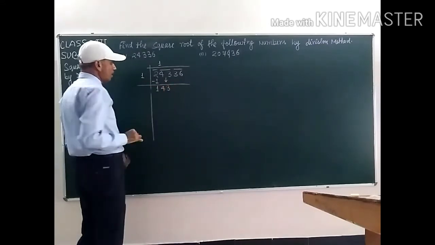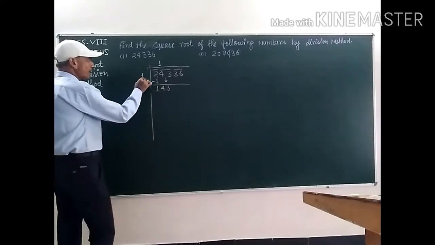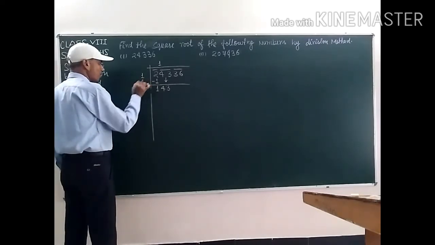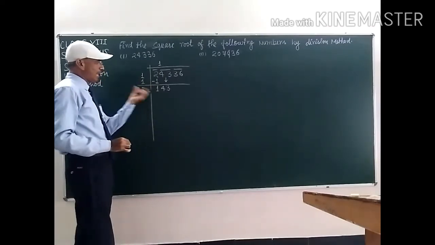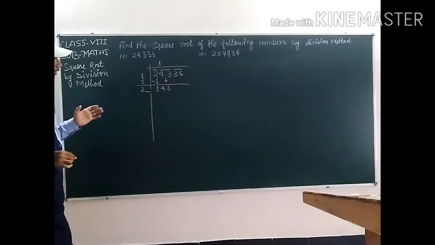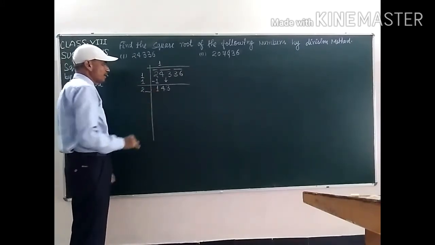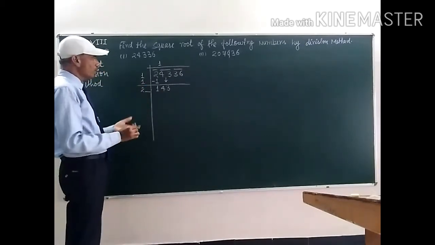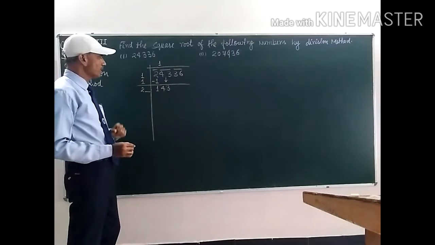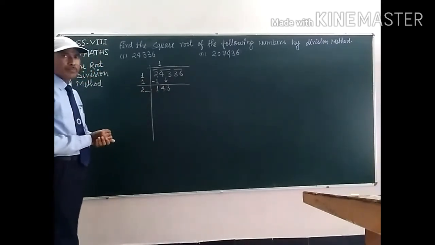Okay, here students, you have to write double of this. You can write it like this: 1 plus 1, that is 2, and write a blank to its right. Here we will put another number from 0 to 9. Okay, here 143. Which number will we take here?